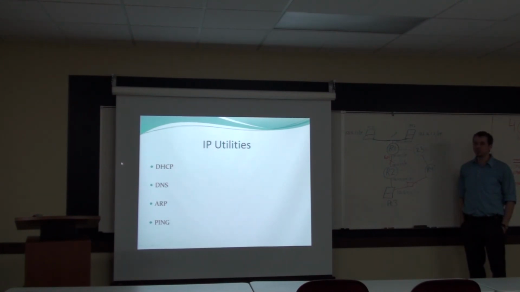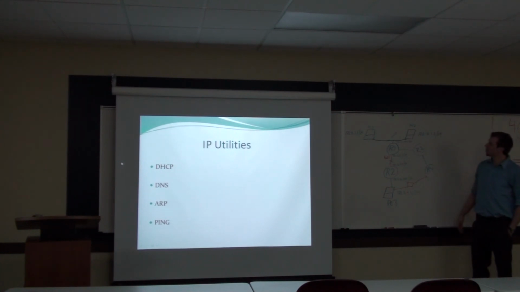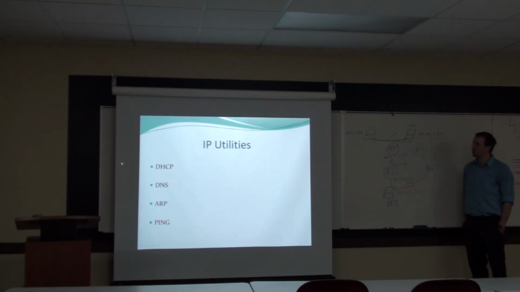On to ping. This is a way you can test connectivity in general. It sends an ICMP echo request. So if I wanted to test and make sure that all my routing and my connectivity and cabling between PC1 and PC3 are good and they can communicate, you can send a ping message. Typically you can do that on the command line of the router, or you can do that on a computer.